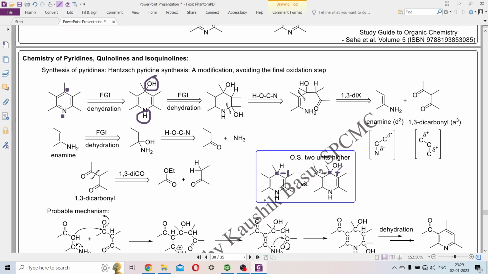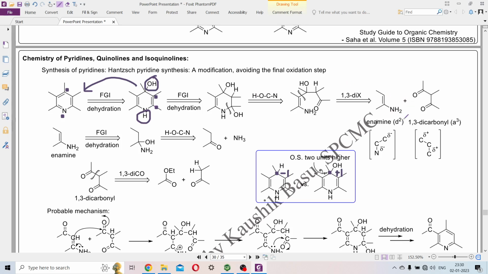So the oxidation number is actually 2 units higher at this carbon. Therefore, with this strategy, we will have a spontaneous dehydration reaction from this intermediate to the final pyridine nucleus, and we can avoid the final oxidation step if we think in this term, and then add one H here, one OH here, and then go on carrying out the same things.